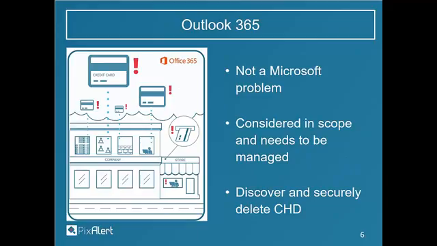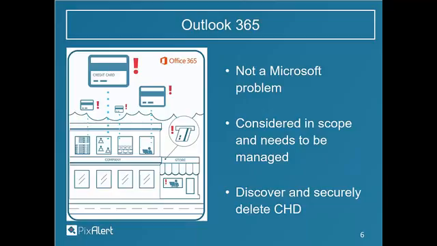When we talk about cardholder data in Outlook 365 and in-scope and out-of-scope, we have an additional level of confusion as your data is in the cloud, so it's not stored on an on-premise server. The question here is: is it considered in scope?